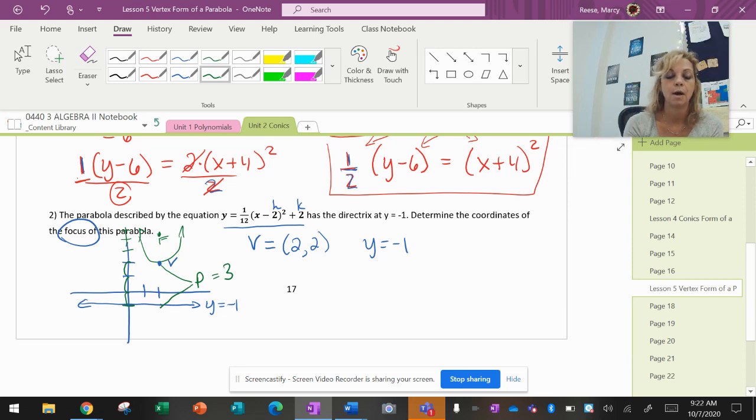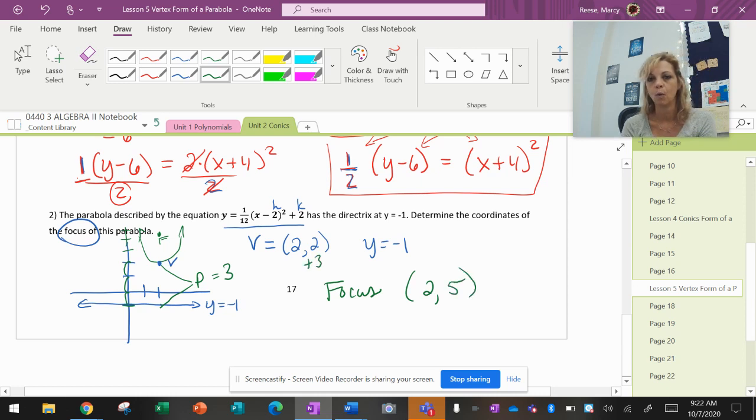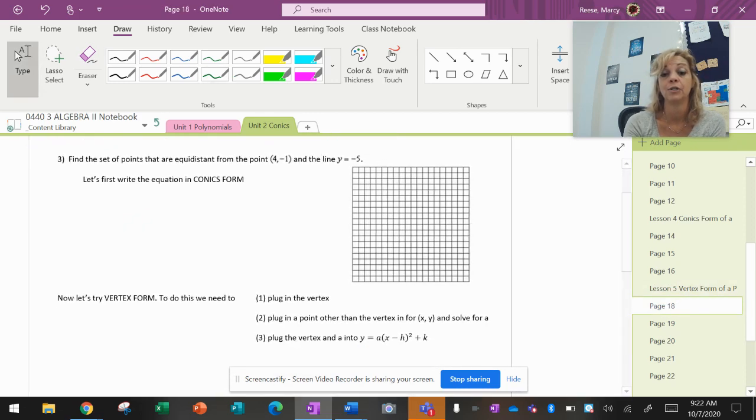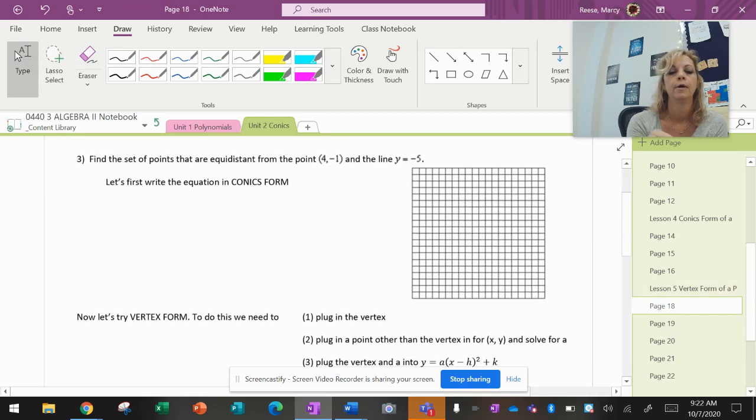So I'm going to go p up from there, and my focus then will be 2, 5, because I'm basically adding 3 to that y value. So focus is 2, 5. All right? So different ways, the same questions, I'm just using a different form, a different formula for it.